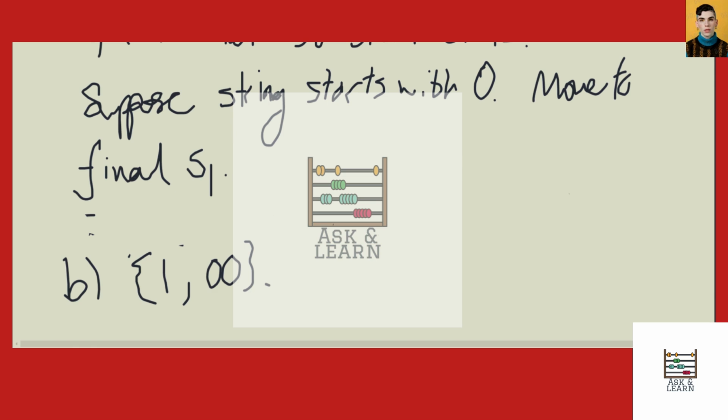Now in part B, we are given that the language is 1, 0, 0. In the previous exercise, we made sure that all the strings that should not be recognized ended up in the non-final state S3. So it follows that this state is not going to be useful for all the strings that are actually recognized by the machine.